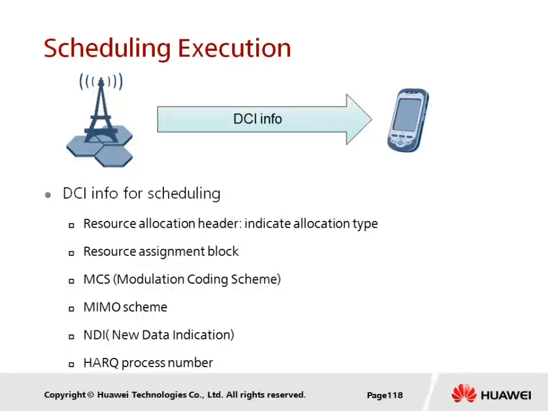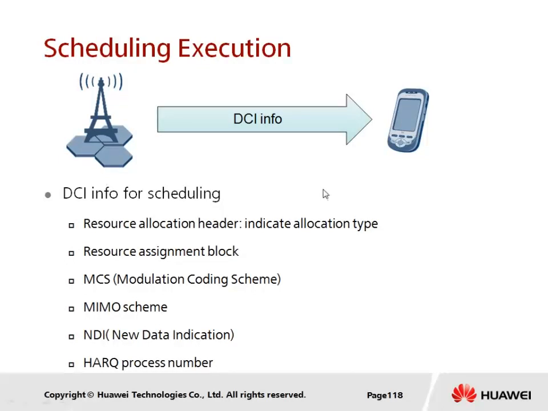So the scheduling execution, the scheduling is carried by a downlink channel, which is PDCCH. The information carried by the PDCCH channel follows the predefined DCI info.